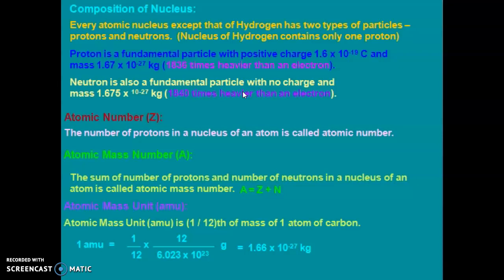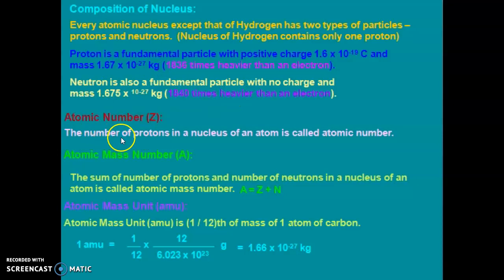So I can say in the nucleus, protons with positive charge and mass, and neutrons with zero charge and some mass are present. Most of the mass and positive charge of the atom is concentrated in a very small portion, and that portion is called nucleus.